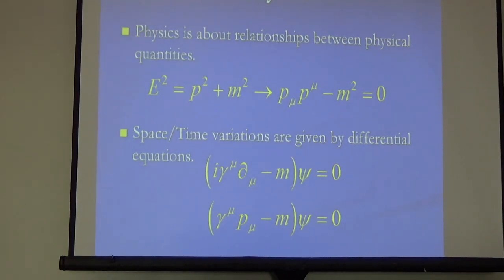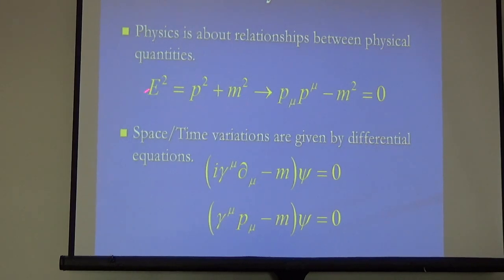Physics is about the relationships between physical quantities. So we don't just have equations, but those equations carry physical meaning. And for us in particular, if you're doing special relativity, the most important equation is the one that for a particle, or anything that's moving at relativistic speeds, relates its energy, its three momentum, so this is really px squared plus py squared plus pz squared, and its mass m.